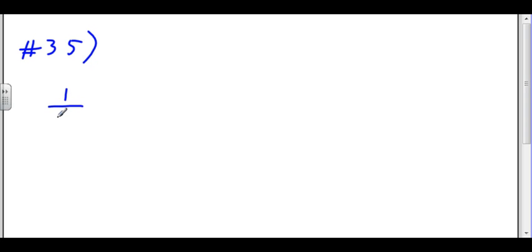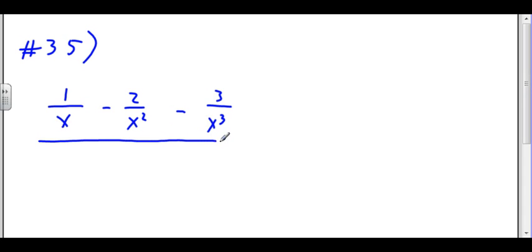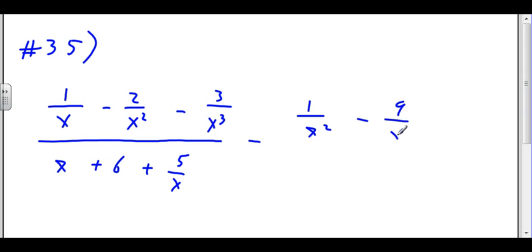1 over x, 2 over x squared, 3 over x cubed, divided by x plus 6 plus 5 over x minus 1 over x squared minus 9 over x to the 4th.